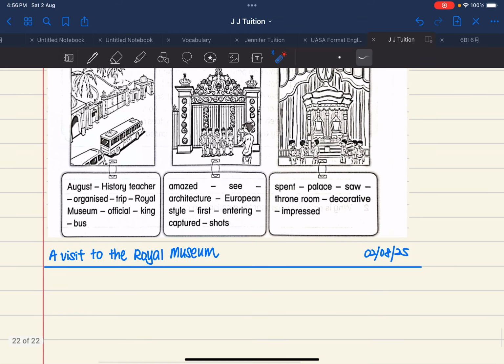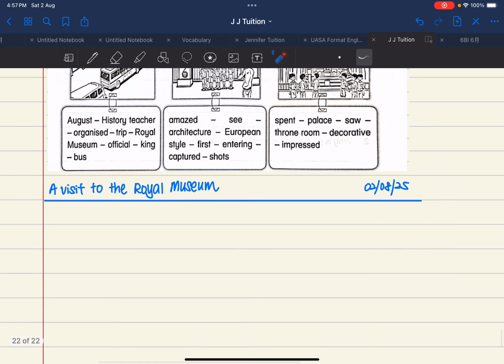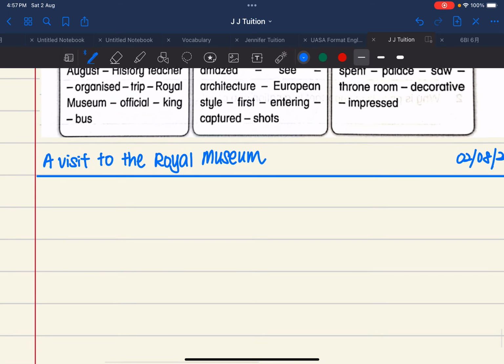Let's look at the first picture. August, history teachers organize trips, Royal Museum, officials, king, bus. So we can get sentences. August, what August? Maybe we can write last August.